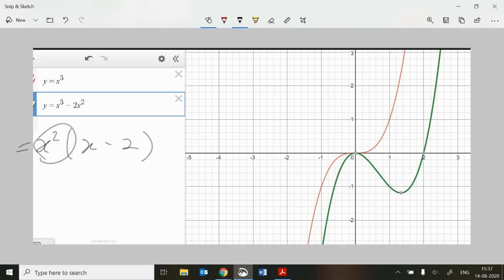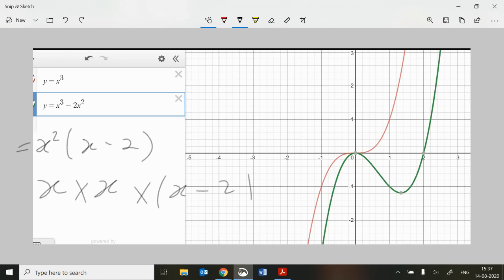So we have a repeated root at x is equal to 0, and then a root at x is equal to 2. We could sketch this pretty quickly because we have this repeated root. Really, we have x squared times x minus 2, so we've got x is 0 twice. That has to be a turning point there. That's where we're getting our repeated root.